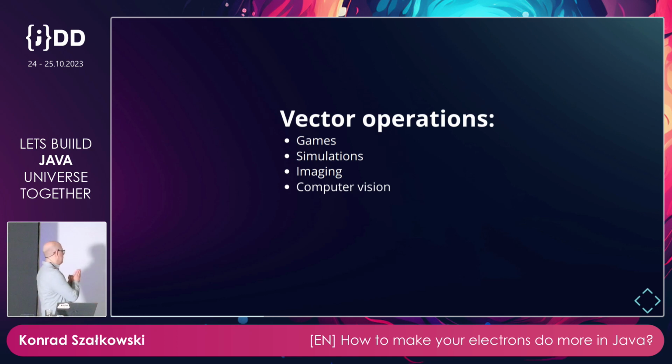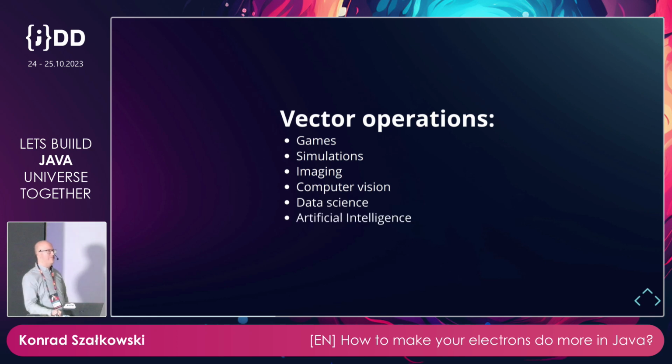But I would say the most interesting are the last two applications, data science. In Java and on the JVM in general, we have quite a big bunch of tools for data science operators. And the most famous buzzword of the last year, artificial intelligence.